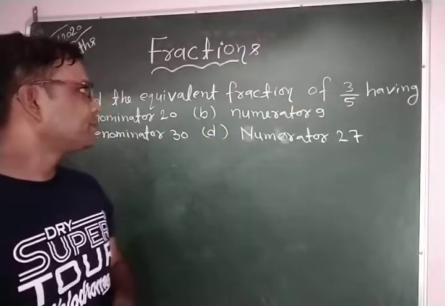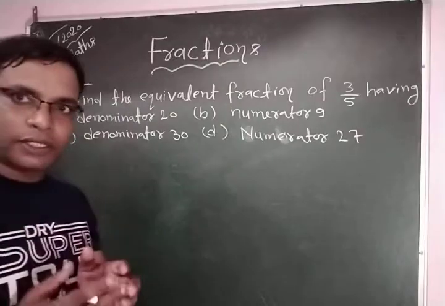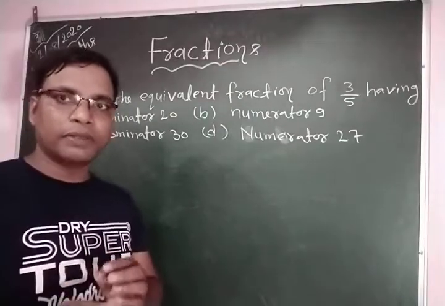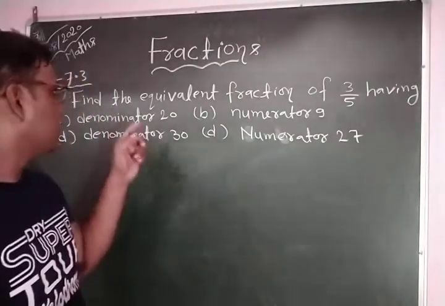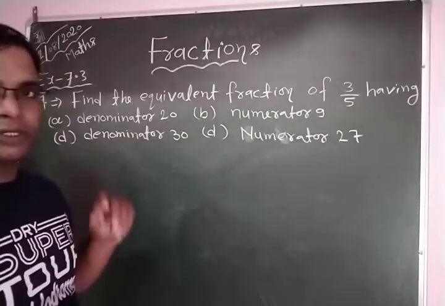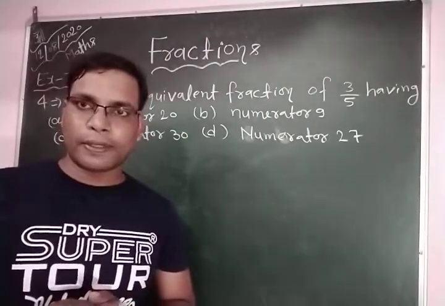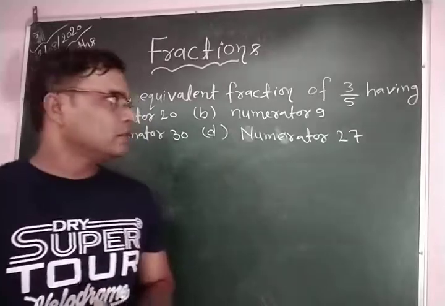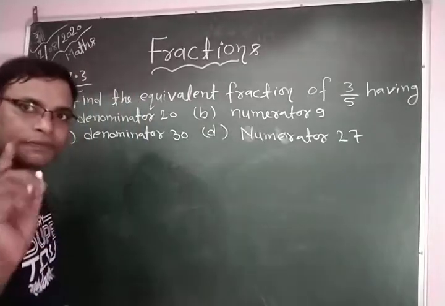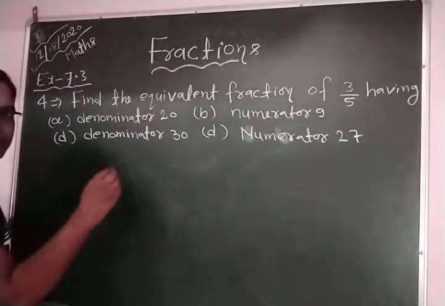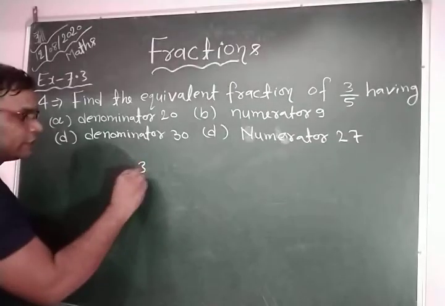We find the equivalent fraction of 3 by 5 whose denominator is 20. So what are equivalent fractions? If you find the equivalent fraction of 3 by 5 without any condition.